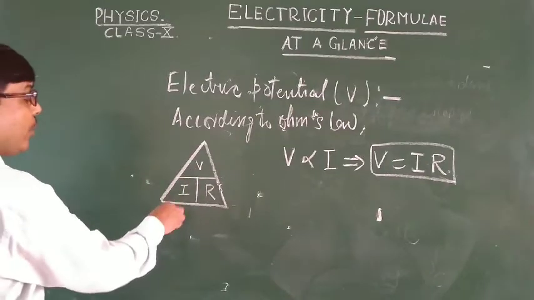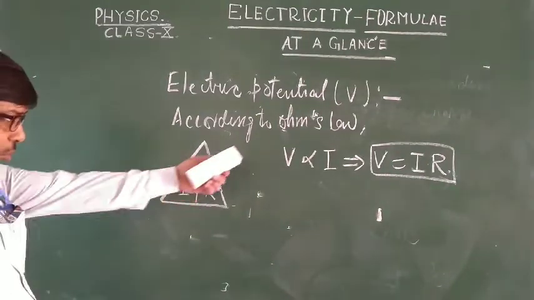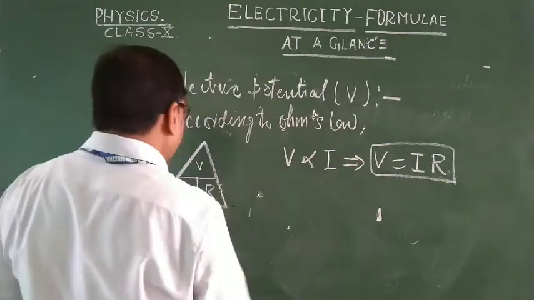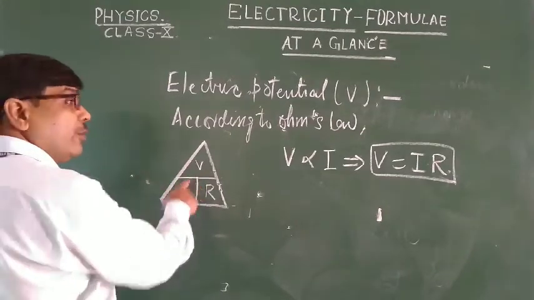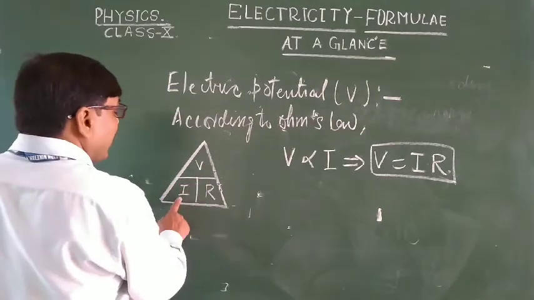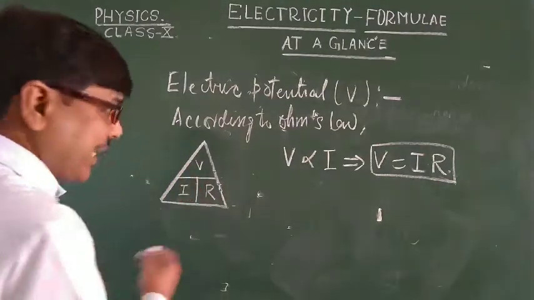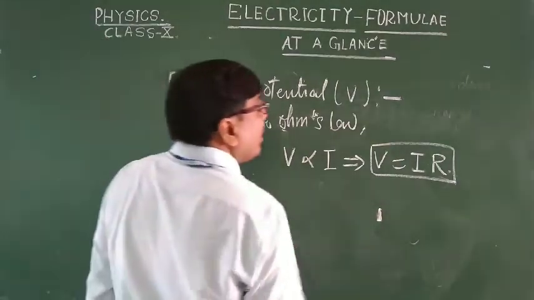These are the two factors on which V depends through the formula. If the current increases, V will increase. If the current and resistance increase, V will increase, and vice versa also. So this is the formula.